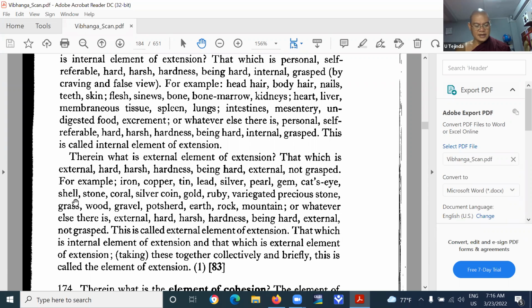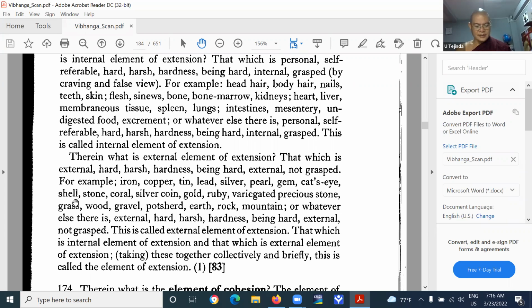So Masaragalla, variegated precious stone. Myanmar has this stone, but the British government took it to England. It is in England now, the stone.